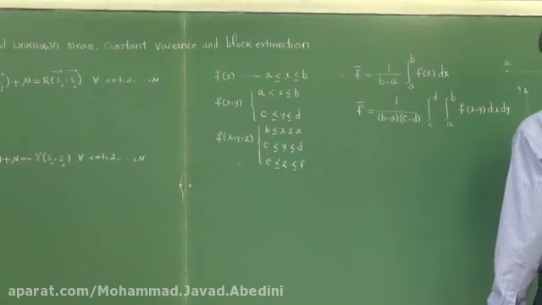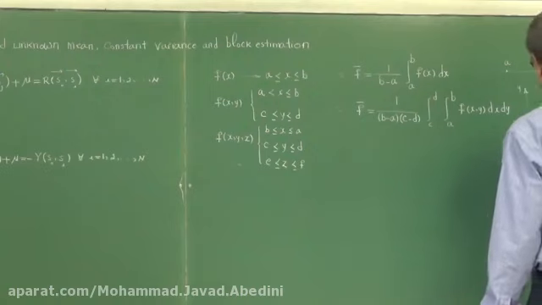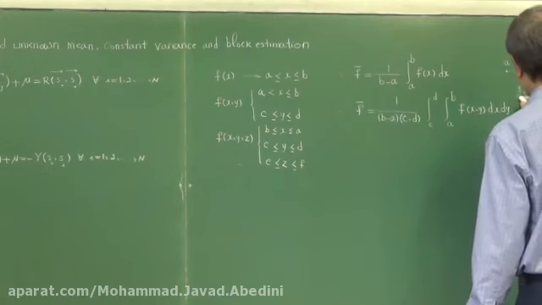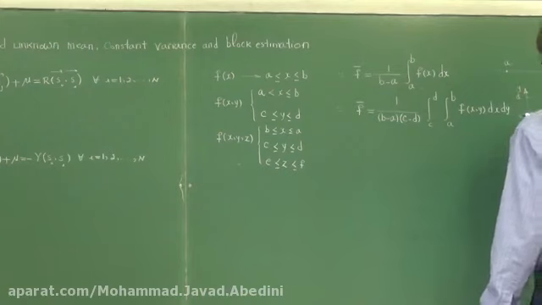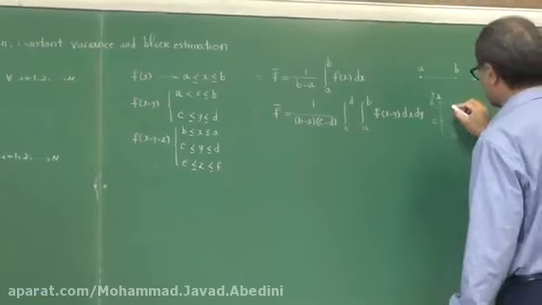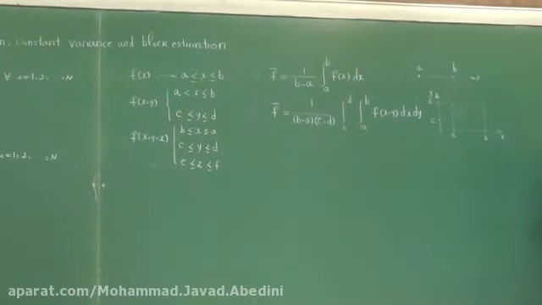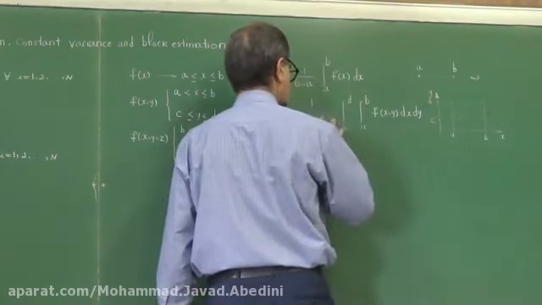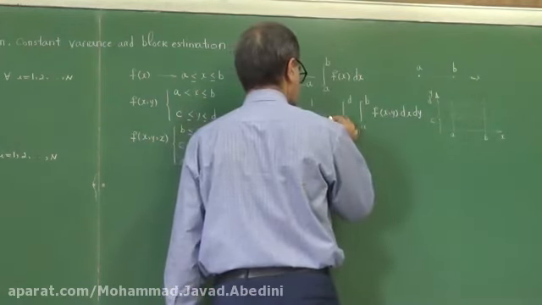From here to here is your variation of x, and from here to here is your variation of y. And you are talking about the mean value of f over this interval. I thought C is greater than D, D minus C.